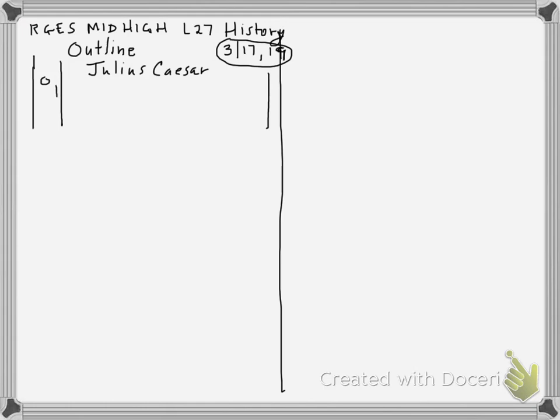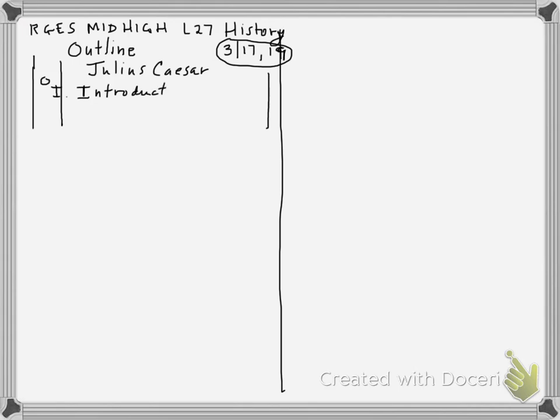So your first Roman numeral goes in the margin. Make sure it's a big Roman numeral one, and that you have a period next to it. This first point is your introduction, so you would label it introduction.